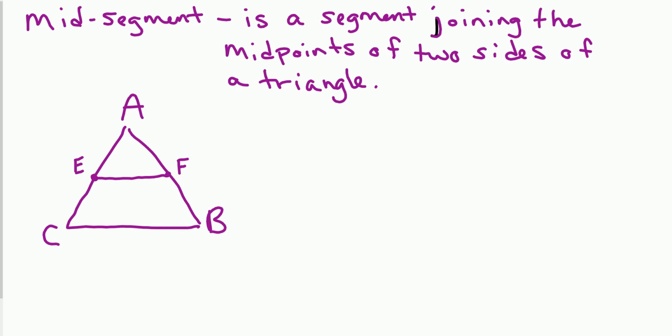Which means that this side is congruent to this side, and this one is congruent to this. They are congruent to each other.